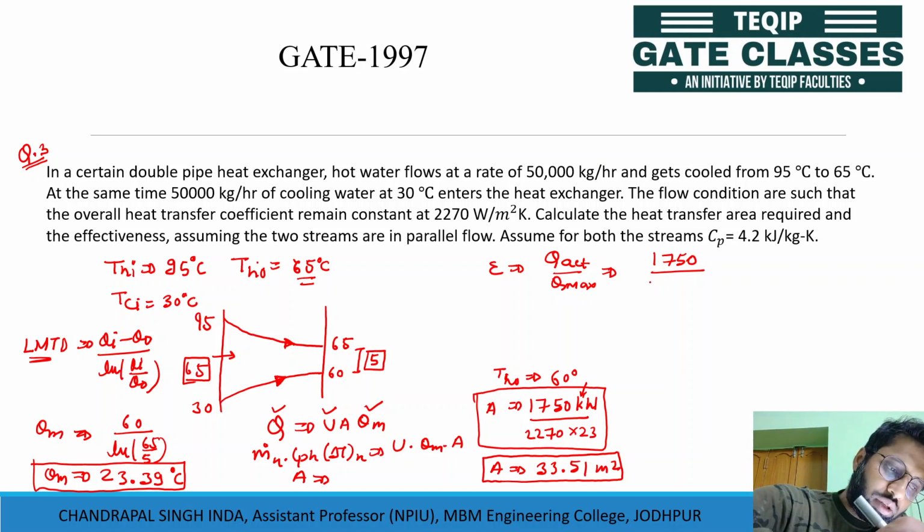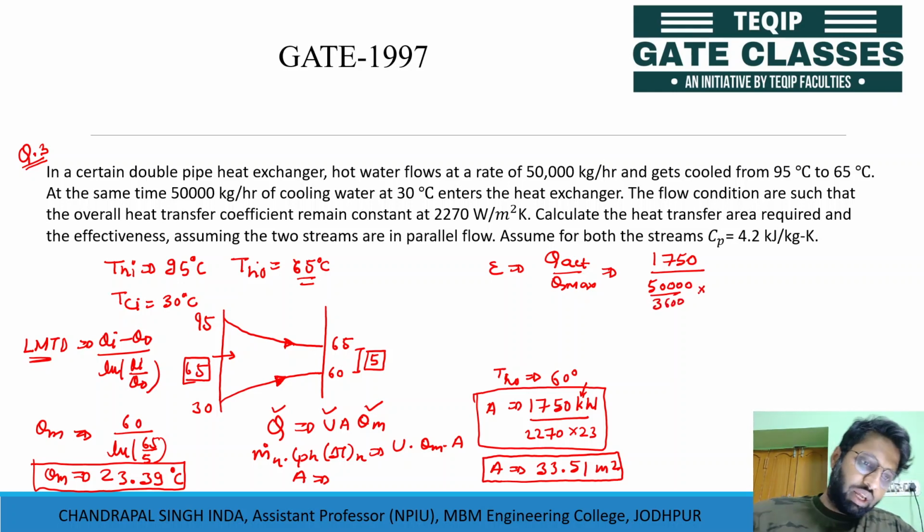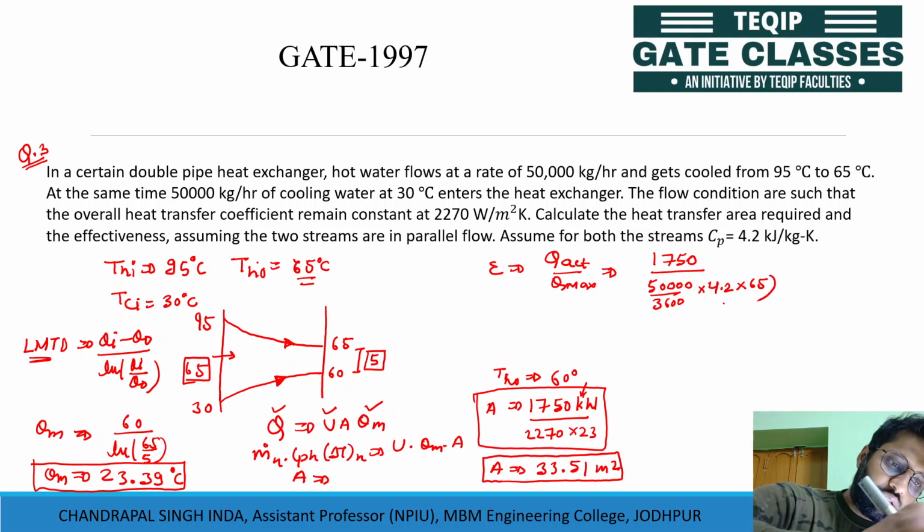So it will be equal to 50,000 divided by 3600 multiplied by 4.2, and the maximum temperature difference is equal to 65. So we have 50,000 divided by 3600 multiplied by 4.2 multiplied by 65, and this overall term is equal to 3791.667.